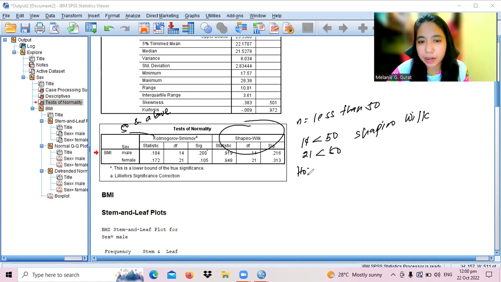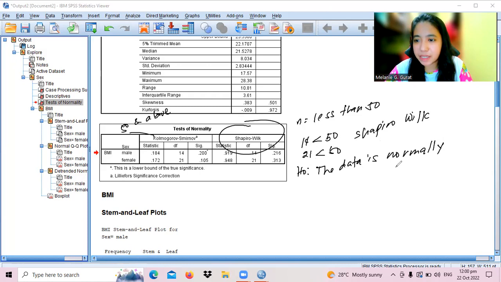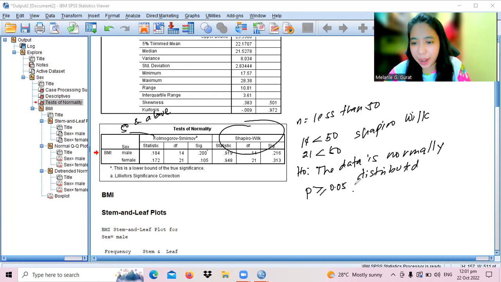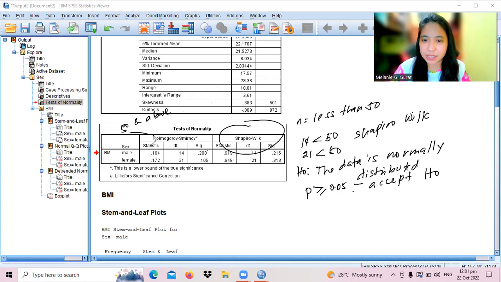For Shapiro-Wilk, the HO when we are using a test of normality is that the data is normally distributed. So we aim to get P greater than or equal to 0.05 so that we will be accepting HO, which means the data is normally distributed.